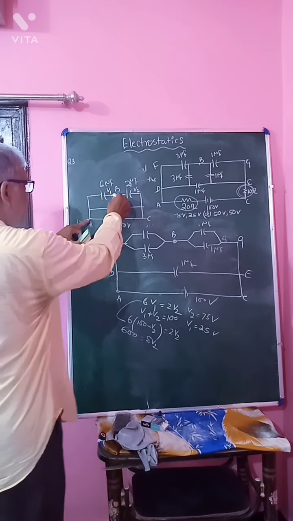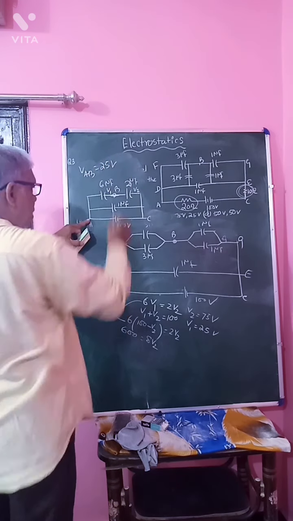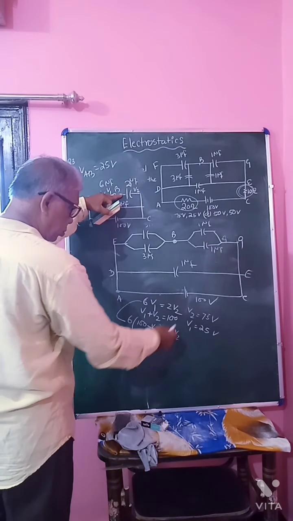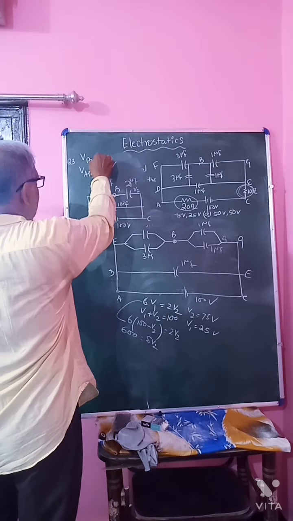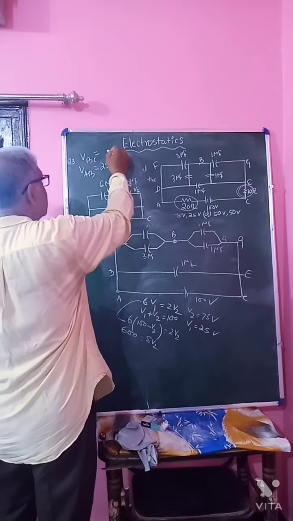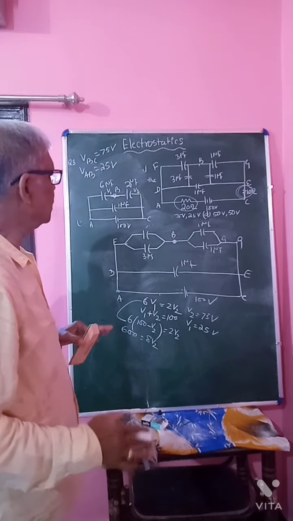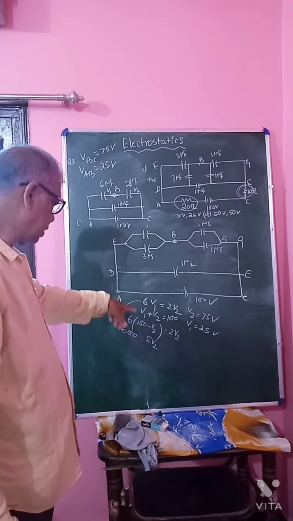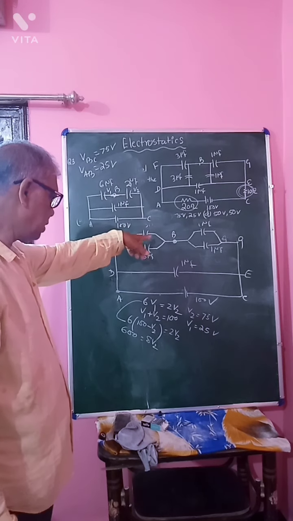So the potential difference between points A and B, VAB, is 25 volt, and the potential across the 2 microfarad capacitor, V2, is 75 volt. So the potential VBC, between points B and C, is 75 volt. So this is the solution.